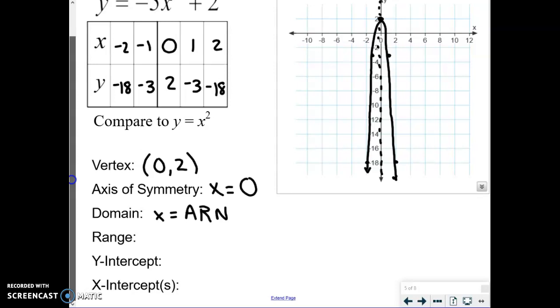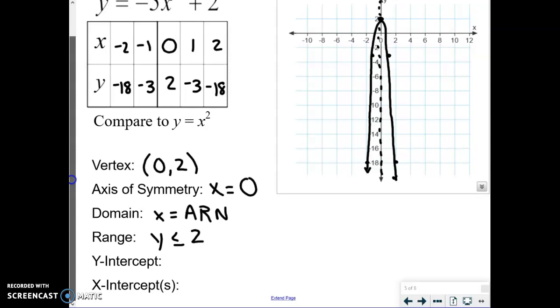How did I find that? In the vertex. Since A is negative, it's opening downward. The vertex becomes what's known as a maximum value for y. It's our maximum output. So with that, we take a look at our range being limited by 2 and everything below it. So our range in this case would be y is less than or equal to 2.